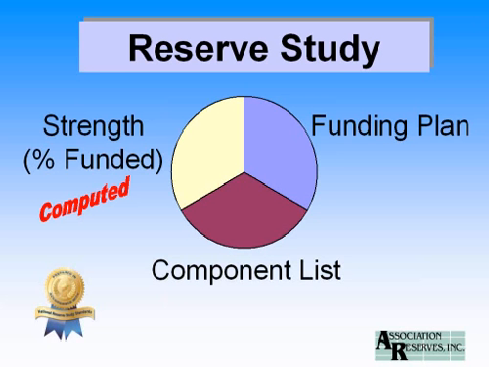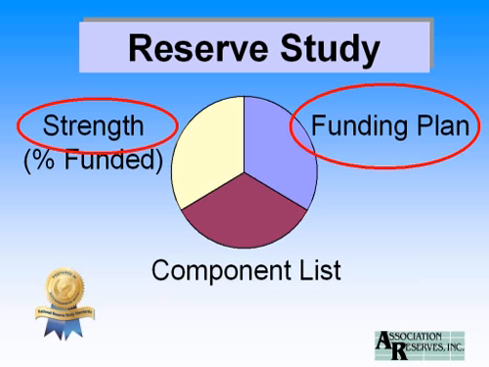Today we're going to go through and show how reserve fund strength is computed and how a recommended reserve funding plan is computed based on that reserve component list. The calculation of reserve fund strength answers the question if the reserve fund is big enough for the needs of the association, and based on that starting point, an appropriate reserve contribution rate is computed. In this session about the financial analysis, we'll focus on these calculated second and third results from the reserve study.